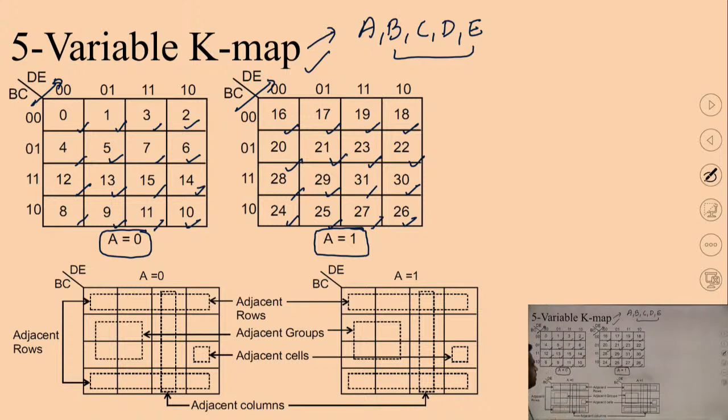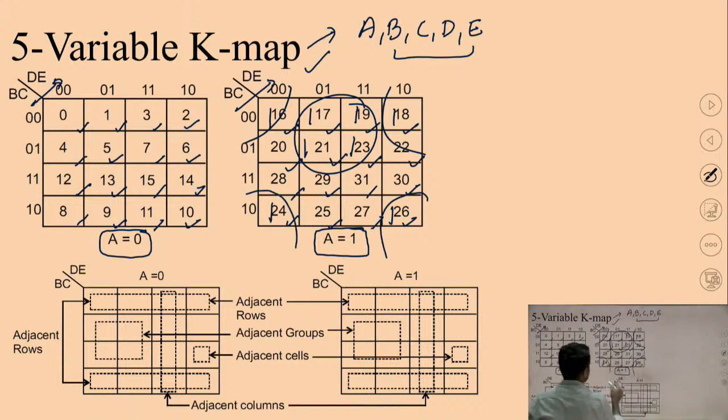Okay. Now the grouping pattern is slightly different, although individually if you check the 4 variable KMAPs, the grouping rules are exactly similar. That means if I am having 4 ones here, then it will make a quad. If I am having them at the corners, it will make another quad. So all these rules are identical.